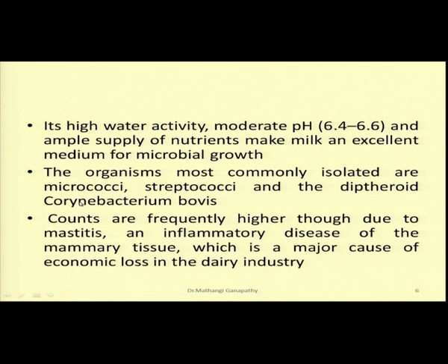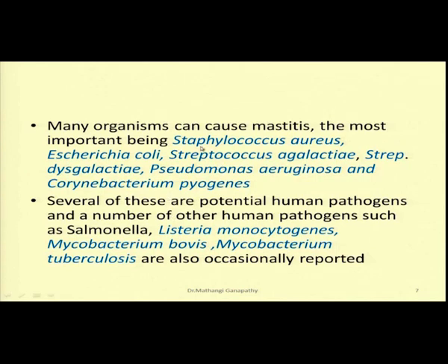If the animal is infected by mastitis, then the microbial count present in the raw milk would be very high. And this mastitis is an inflammatory disease of the mammary tissue, and this causes a major loss to the dairy industry. If you see the causative organisms of mastitis, you have Staphylococcus aureus, E. coli, Streptococcus agalactiae, Streptococcus dysgalactiae, Pseudomonas aeruginosa and Corynebacterium pyogenes.